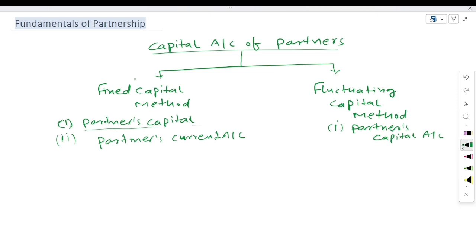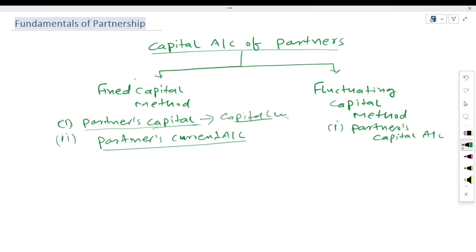First one is partners' capital account and second, partners' current account. In this partners' capital account, the capital of the partner will be unchanged. Unchanged in the sense, whatever the capital is mentioned in the question, you will write down into the ledger book. It will be the same at the end of the year.